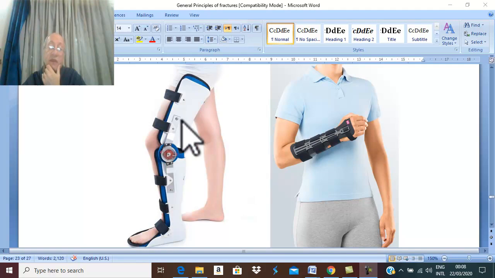As this is an orthosis for the ankle, the knee and the foot. It fixes the foot, ankle and knee joint. And this is a forearm and wrist orthosis.